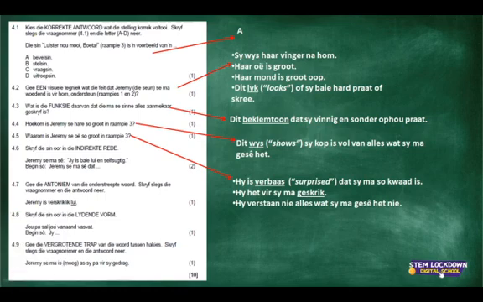Goed, so vraag 4.1 sê kies die korrekte antwoord wat die stelling korrek voltooi, skryf slegs die vraagnommer en die letter neer. So choose the correct answer that completes the statement correctly. Only write down the question number and the letter. Okay, they tell you how they want the answer.